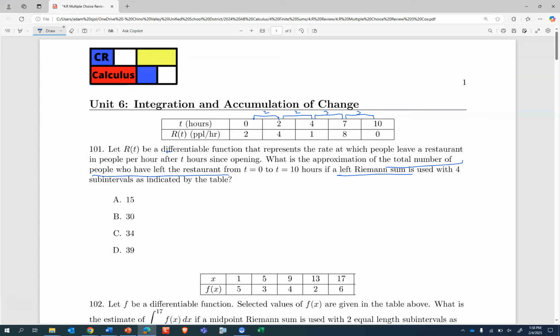So that's going to be 2 times 2, 4, plus 2 times 4, which is 8, and 3 times 1, 3, and 3 times 8, 24. Okay, so 8 and 24 is 32 plus 7 is 39 people.